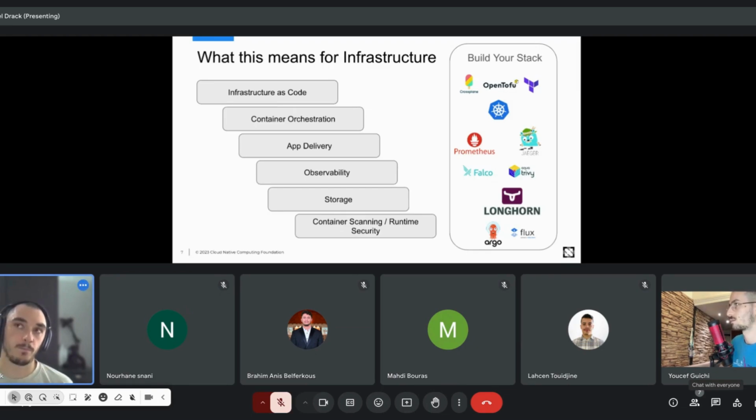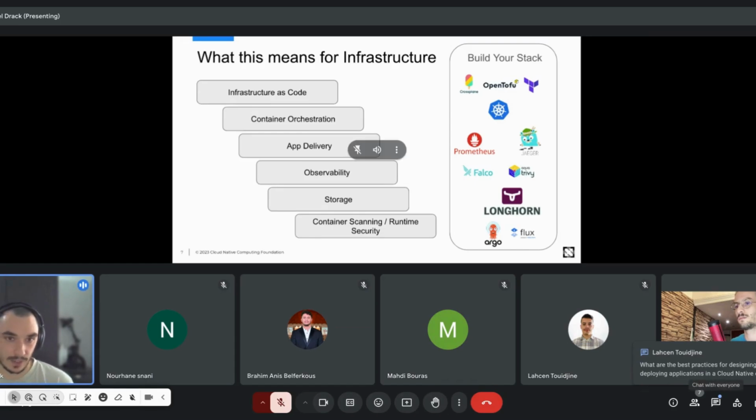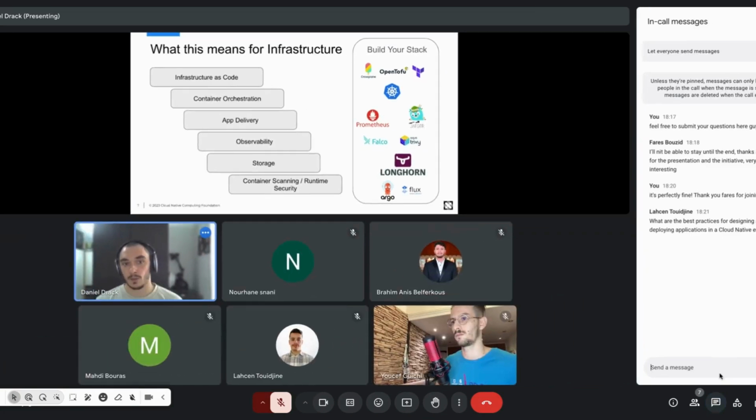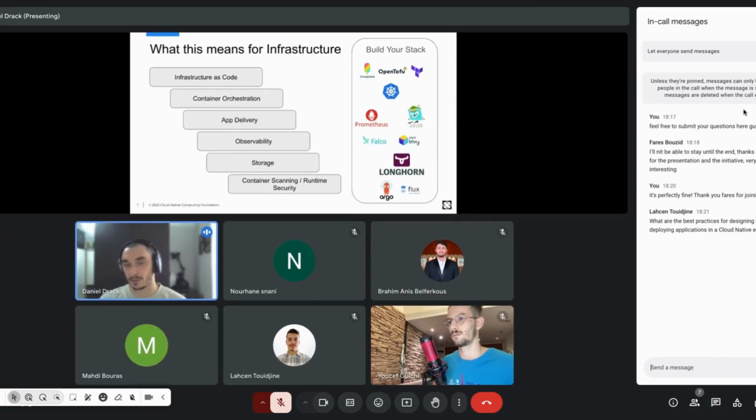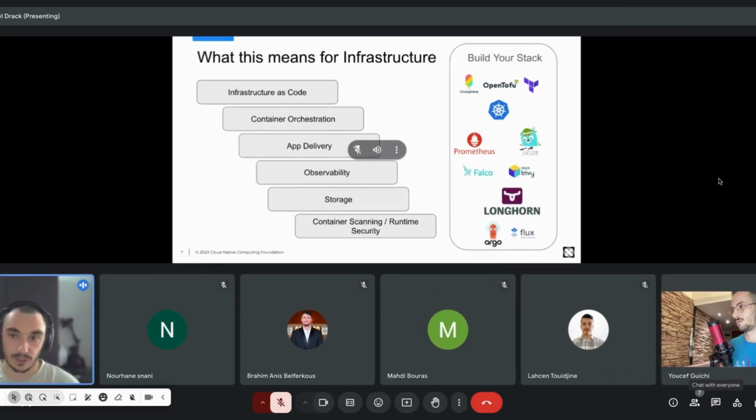So we usually don't click our servers in the cloud anymore, but we try to configure and provision them as code via tools like Terraform, Crossplane, something like that. When we're done with that, we usually have some kind of a cloud native platform, a container orchestration platform in place. This could be, for example, Kubernetes, but could also be something else.